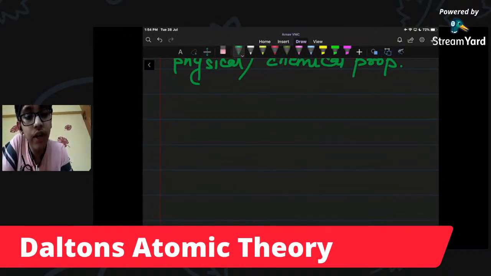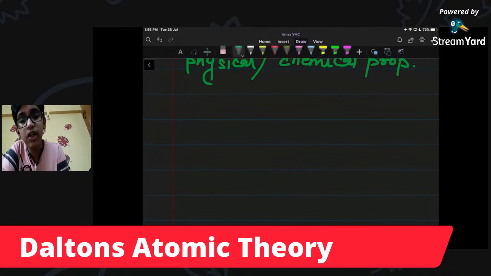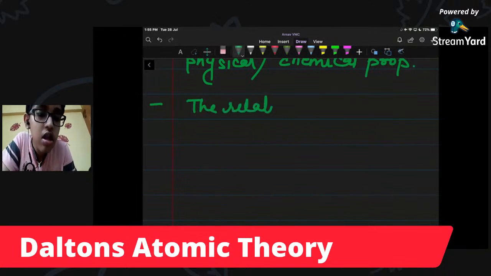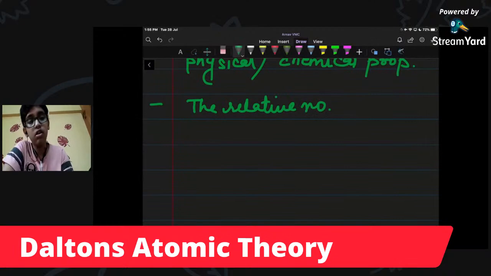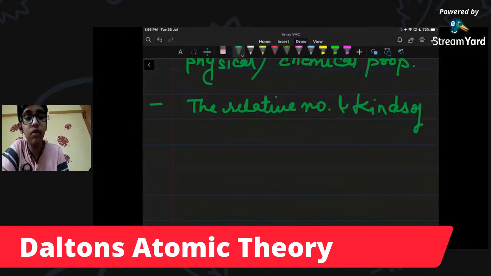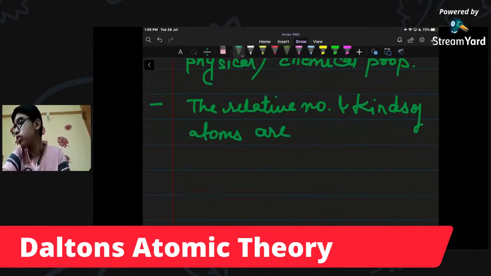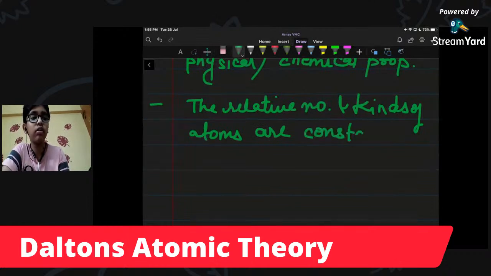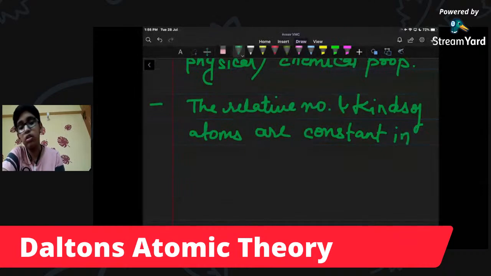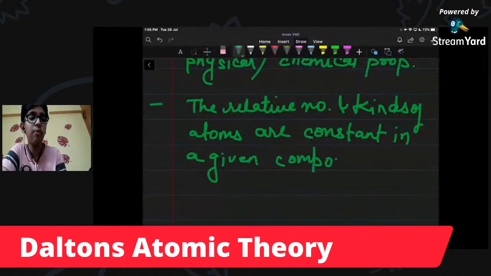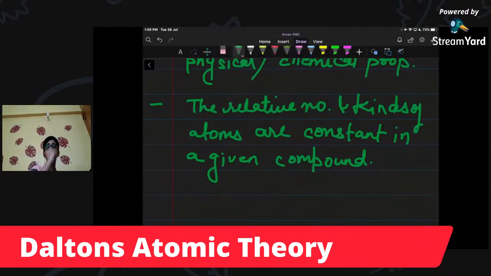Third point is not very similar to this point. It's a bit different, so please try to cope up with me. The relative number and kinds of atoms are constant in a given compound.